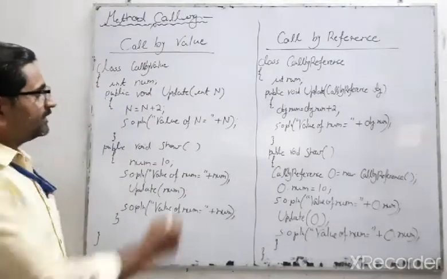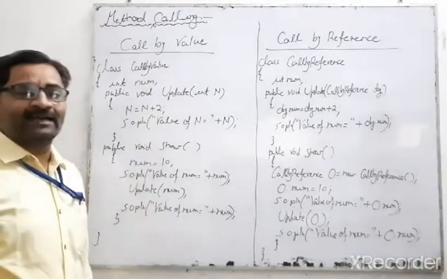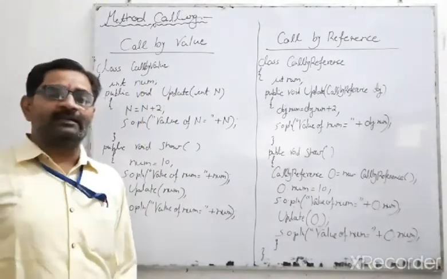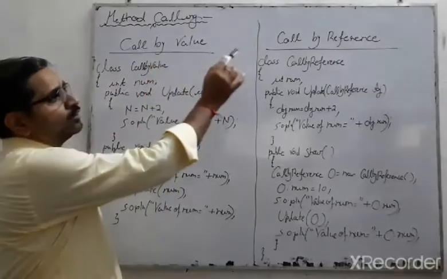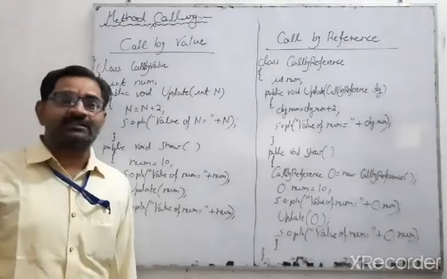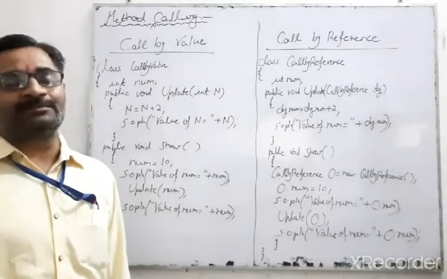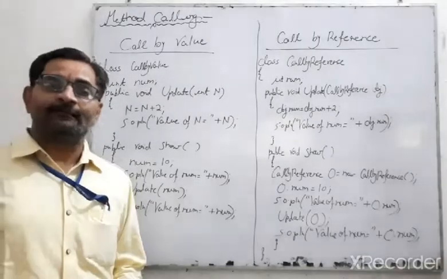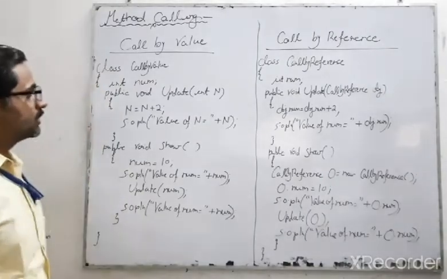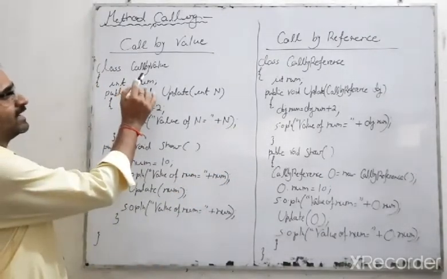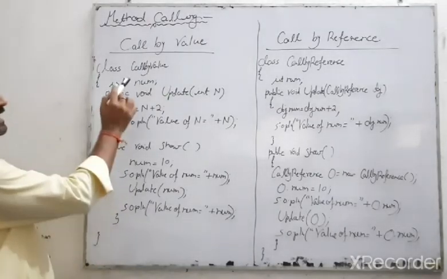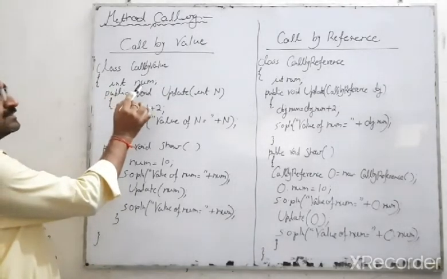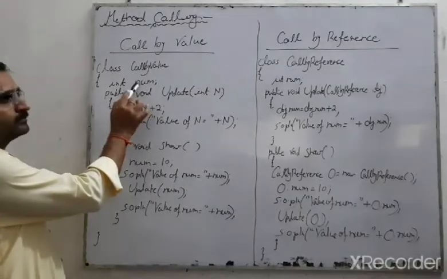Here we take a simple example by which you can easily understand the difference between call by value and call by reference, since both mechanisms are used to call a method. First, we take a class. The class name is CallByValue. In the class we take an instance variable, num.